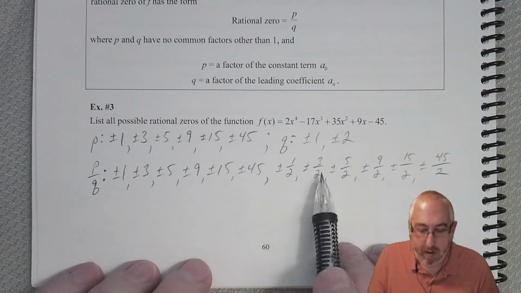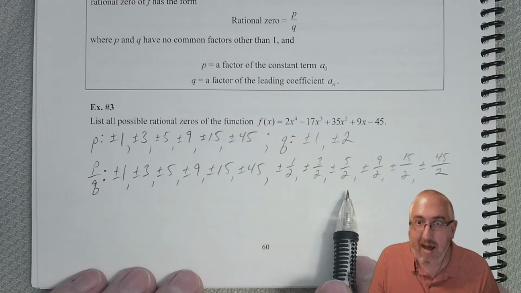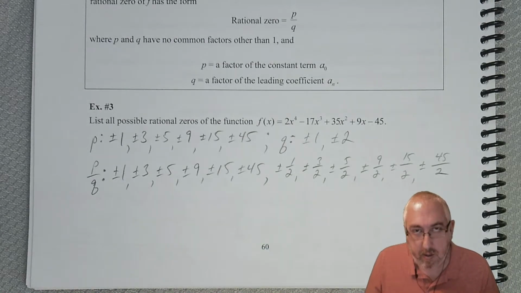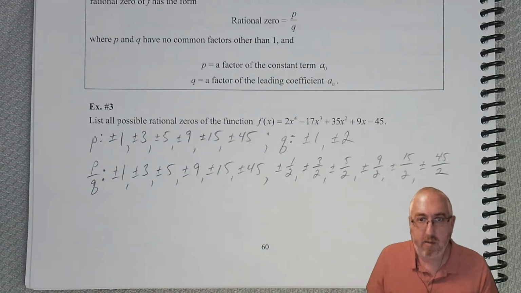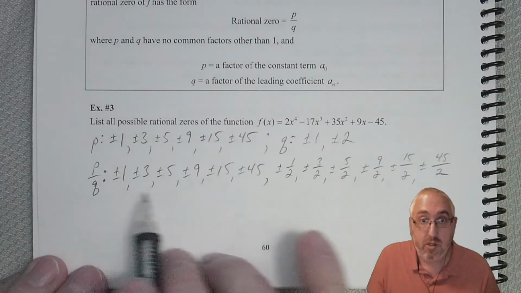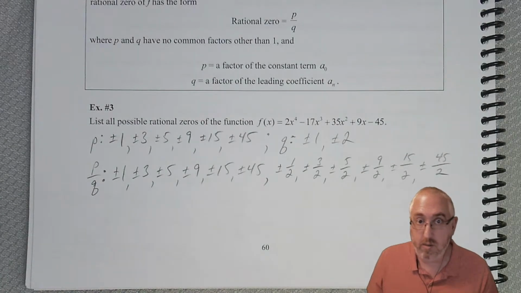So if we had gotten 6 halves or something like that, 6 halves is 3, which we already have over here, so we don't need to write it twice. So again, just make sure there are no redundancies and leave those out. But in this case, there are no redundancies, so this would be the entire list of possible rational zeros.